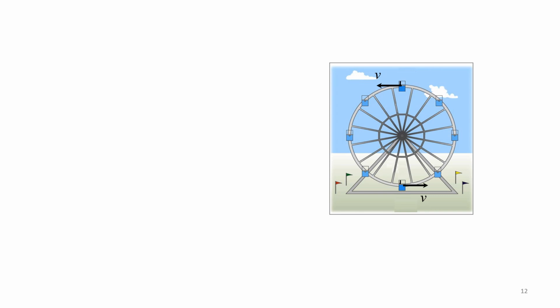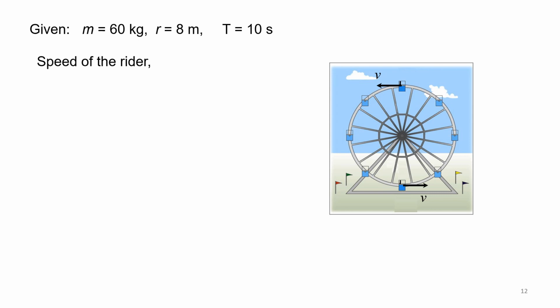In order to determine the reaction force or normal force for questions A and B, we need to calculate the linear speed of the rider first. So we're going to use the formula v is equal to 2 pi r over T. So 2 pi times the radius 8 meters divided by 10 seconds.